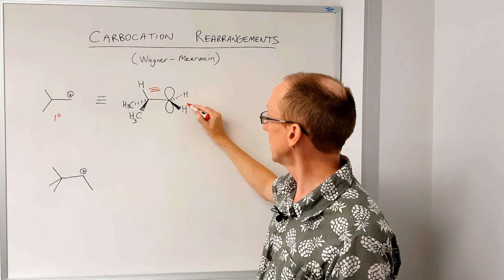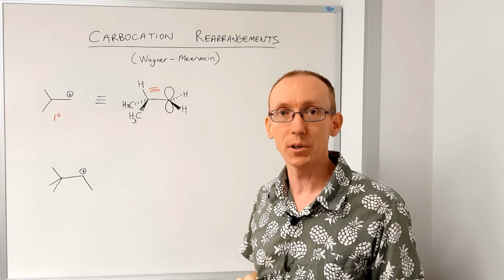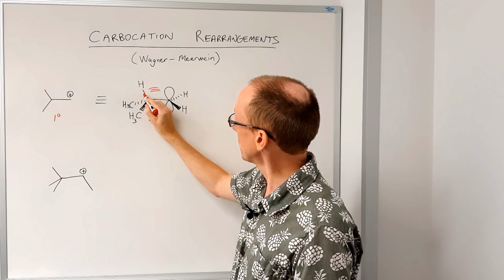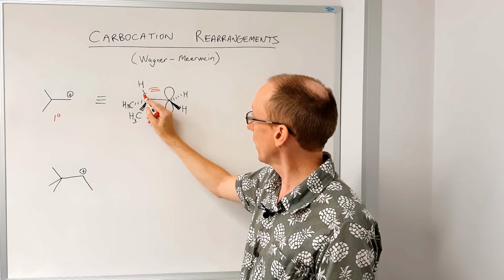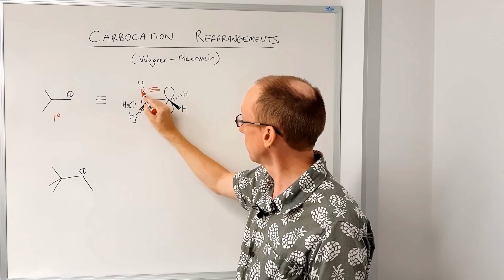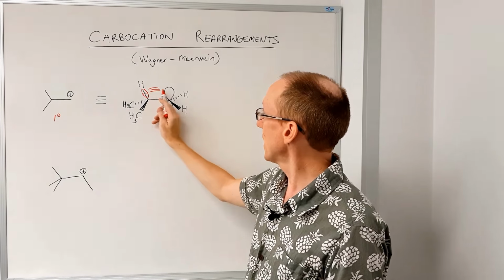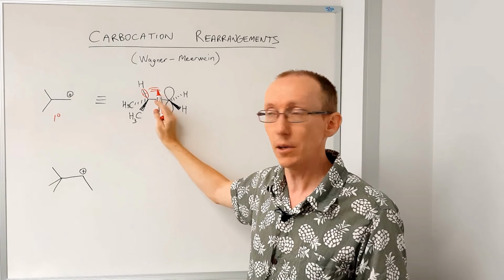These hydrogens out here are not able to stabilize through this hyperconjugation. And if we think about this pair of electrons here, and I'll just draw them in, that bond there is signifying a pair of electrons in a sigma orbital. There's that overlap that's stabilizing the empty p orbital.